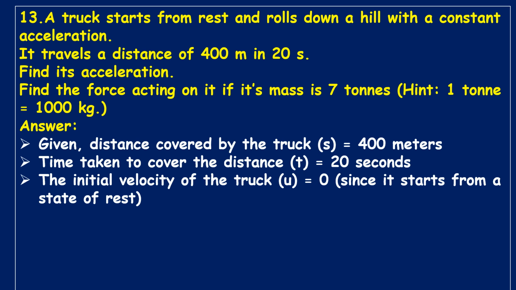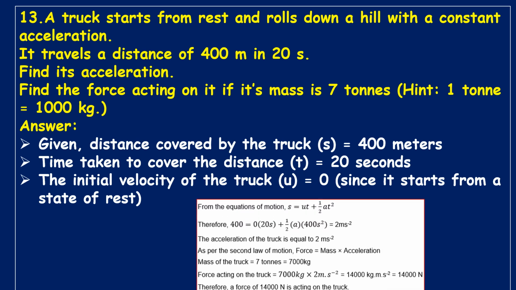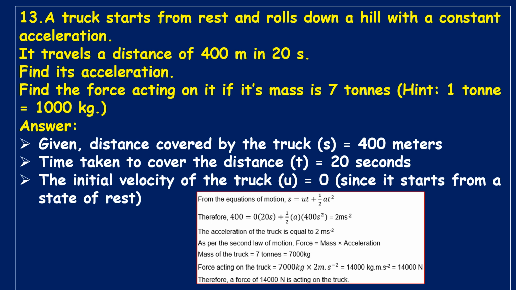It's mentioned in the question. Now from the equations of motion, the second equation of motion, that is s equals ut plus half a t square. Here initial velocity is 0, time is 20 seconds, and the acceleration we have to calculate.